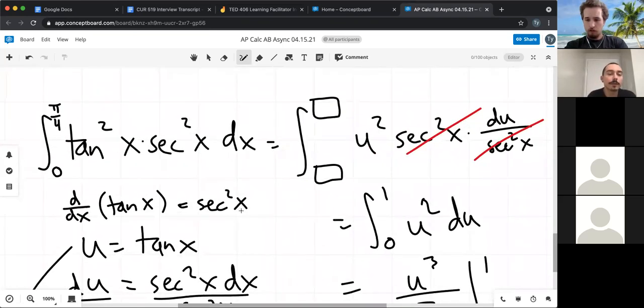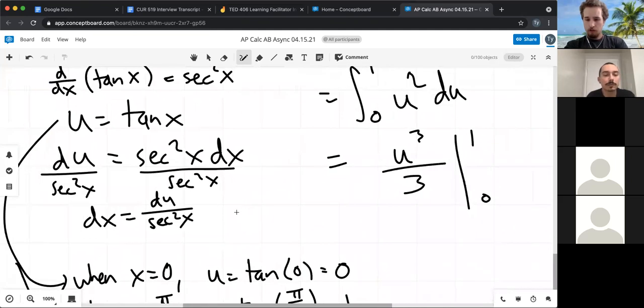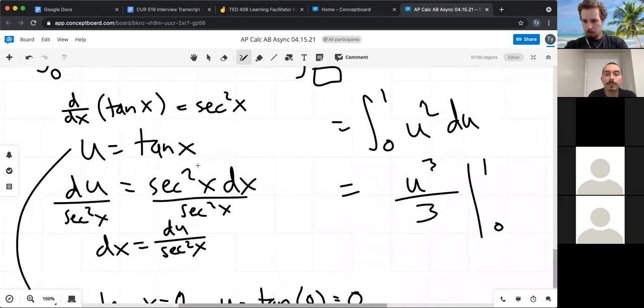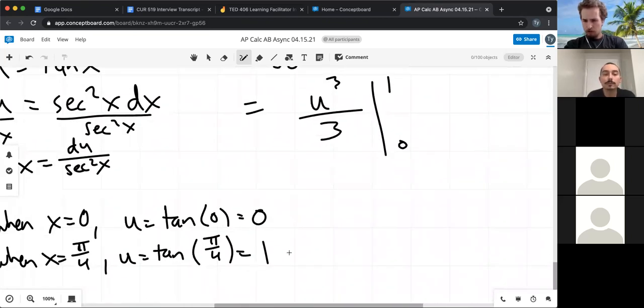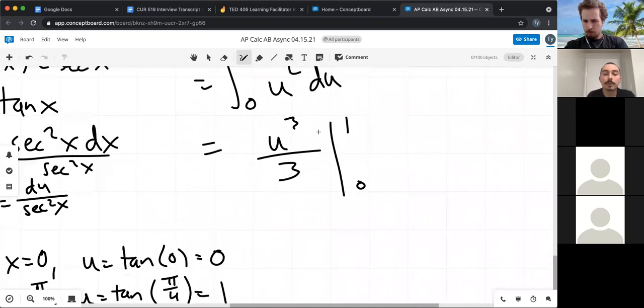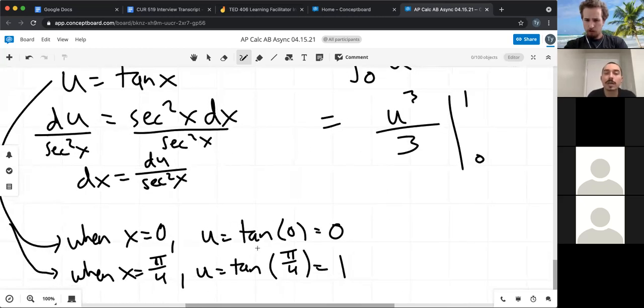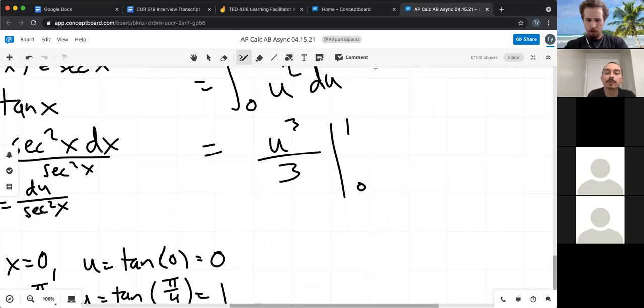This is a definite integral, as we showed above. We don't need to plug tangent x back in for u because we already dealt with our limits of integration. We put them in terms of u. These are u values.